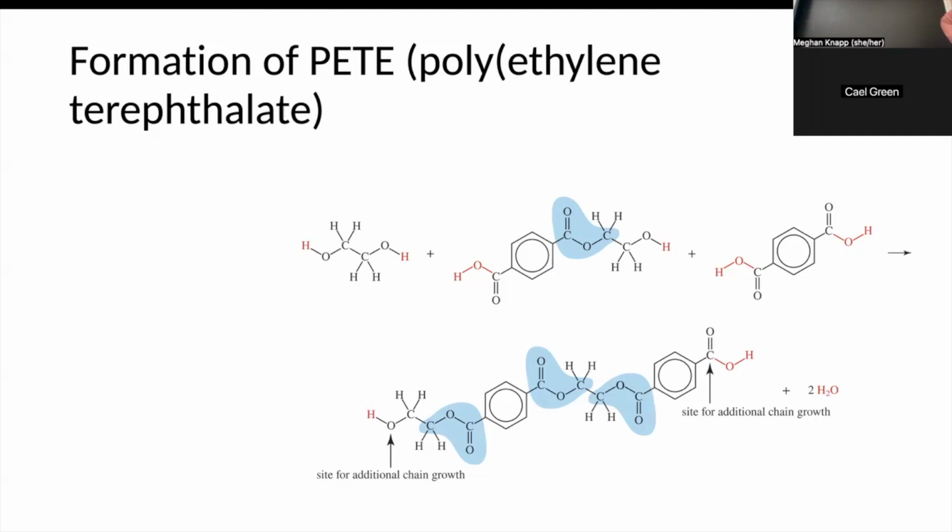All right, so PETE, recycling number 1, is very strong and it's good for high pressure things. They can pull it into fibers, like for clothing, so you can make clothing out of it, or into sheets. Mylar balloons tend to be made out of PETE and then coated with something to make them look more metallic.